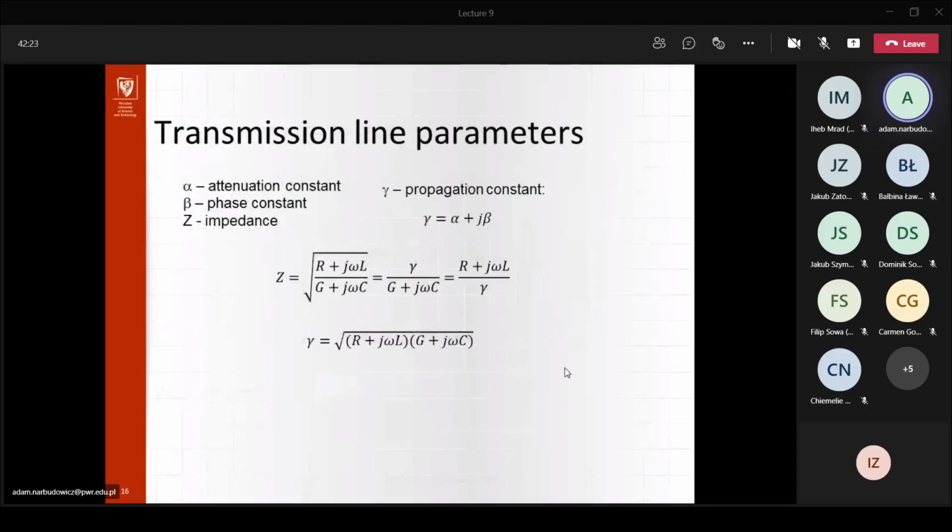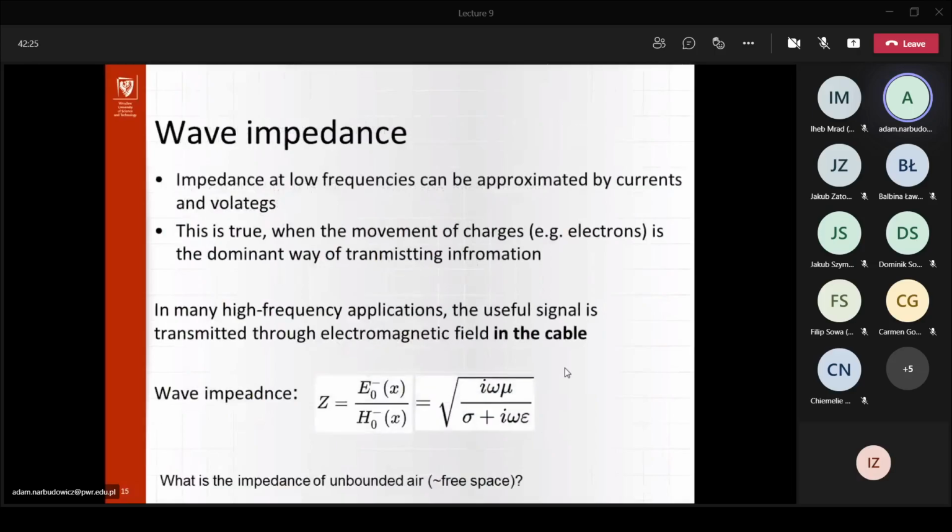By the way, what I wanted to point out is that the so-called free space, the unbounded air, will also have its own impedance.